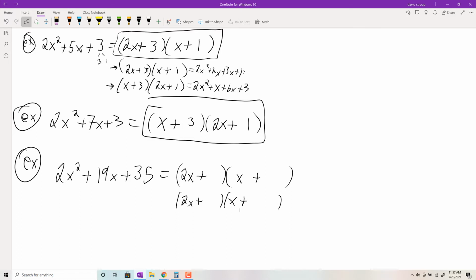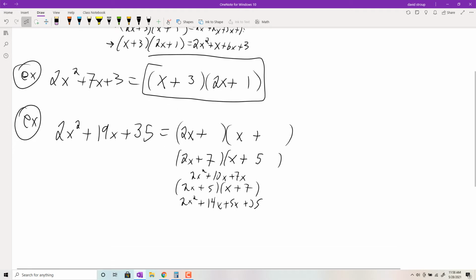So anyways, one possibility is 7 and 5. So this would be 2x squared plus 10x plus 7x. That's not going to work because we'd have 17 in the middle. So maybe 5 and 7. So this would be 2x squared plus 14x, yeah, that's going to work, plus 5x plus 35, and we get the 19.